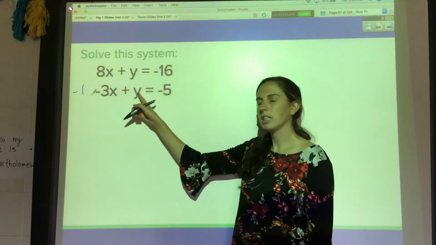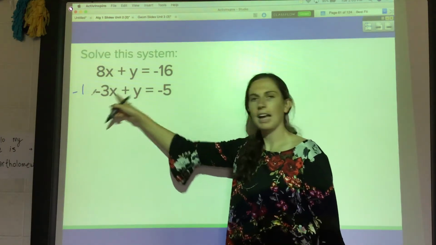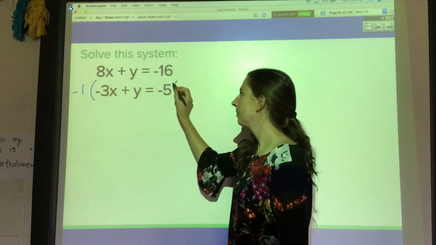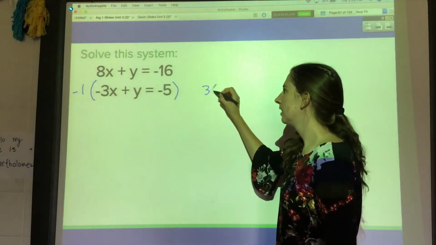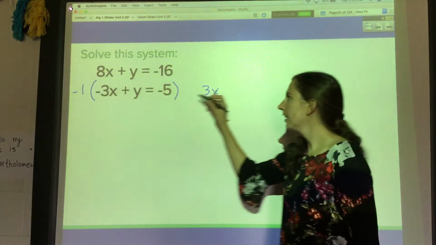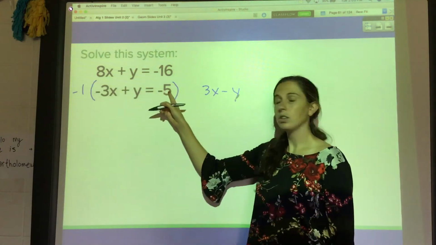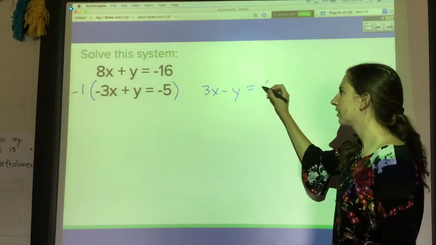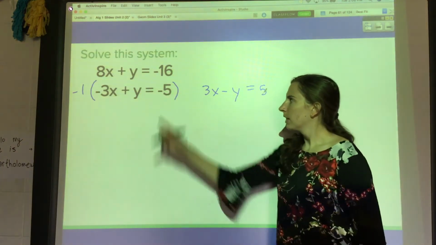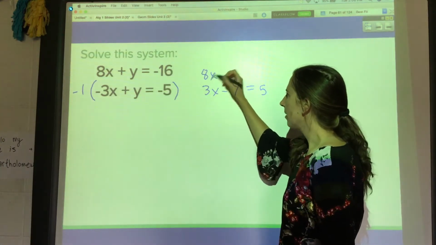But if I'm going to multiply this by a negative 1, I'll have to multiply everything by a negative 1, which will give me positive 3x, a negative y, and also this gets multiplied by a negative 1. So now it's positive 5. This first equation I'm just going to leave the same.